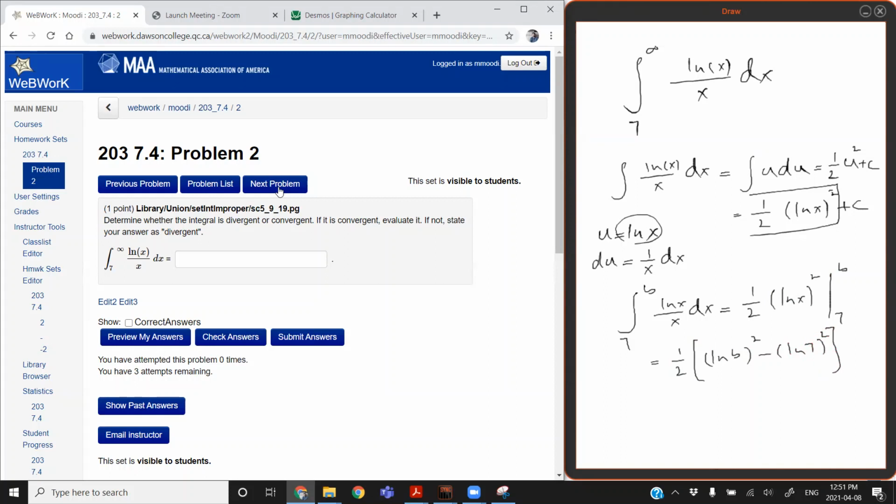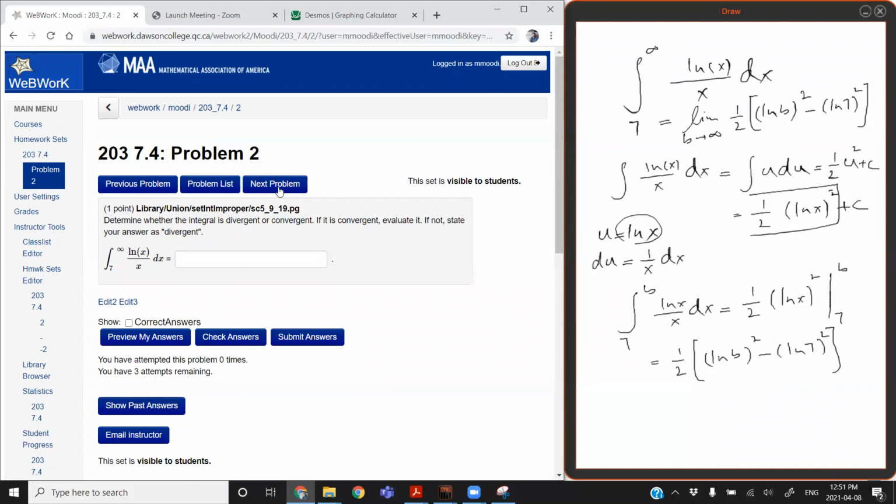Yes, so that would be the definite integral from 7 to b, and this integral here is going to be the limit of this as b approaches infinity. So it's going to be the limit of 1 over 2 ln of b squared minus ln of 7 squared as b approaches infinity, right?